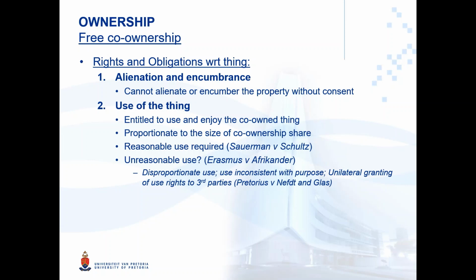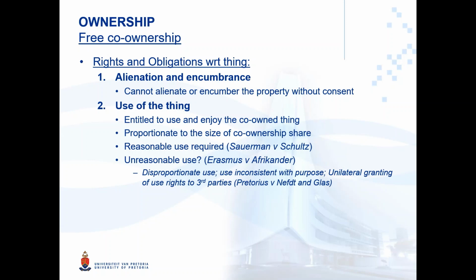Secondly, where the use of a co-owner is inconsistent with the use for which the property is destined to be used or contrary to the agreed upon use. Please see footnote 109 in the prescribed textbook and footnote 17 in the online alternative textbook of Silberberg and Schoeman for examples of use that was unreasonable since the use did not align with the agreed upon use of the property.